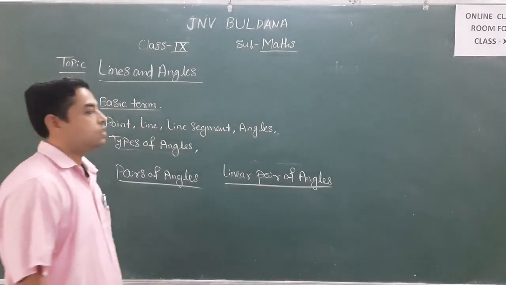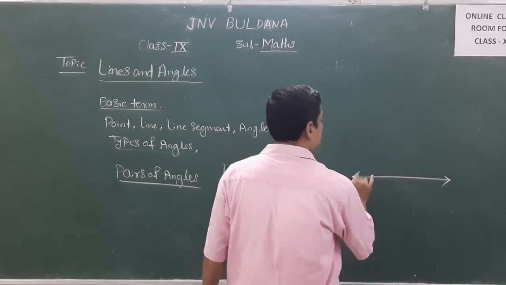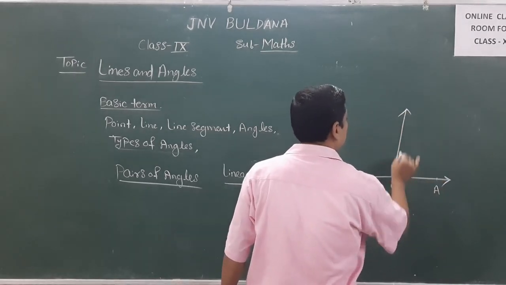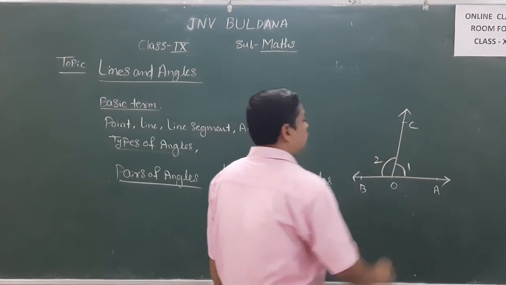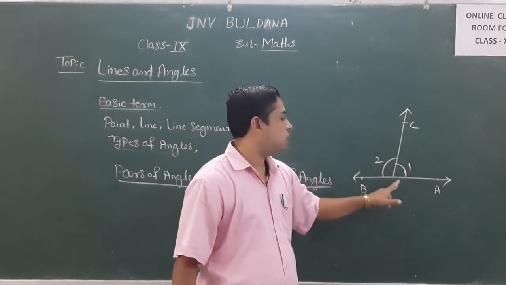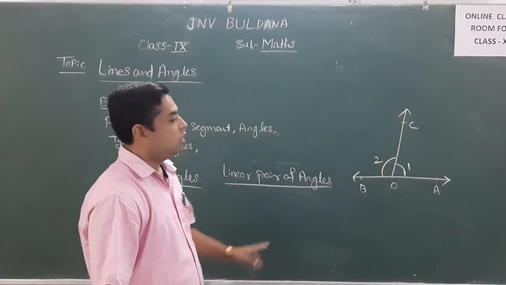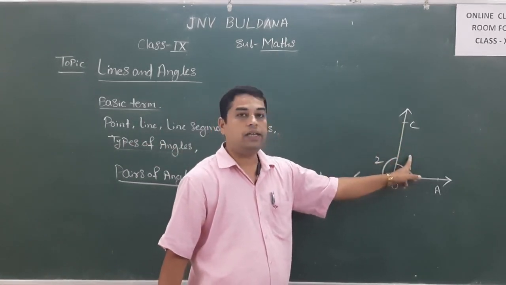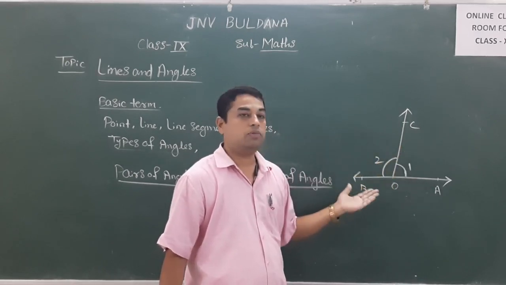If adjacent angles are such that, look here, we again have two adjacent angles, AOC, angle 1, and COB, angle 2. Why are these two adjacent angles? Because in these two angles one arm is common. OC is the common arm of both angles, and OA and OB are the non-common arms, on either side of the common arm. So this is an adjacent angle.